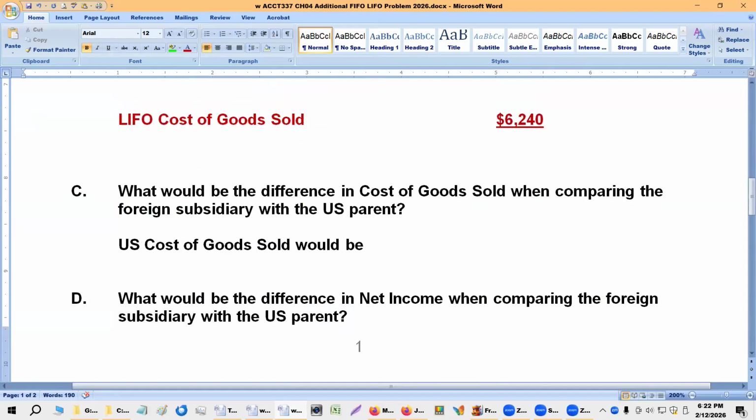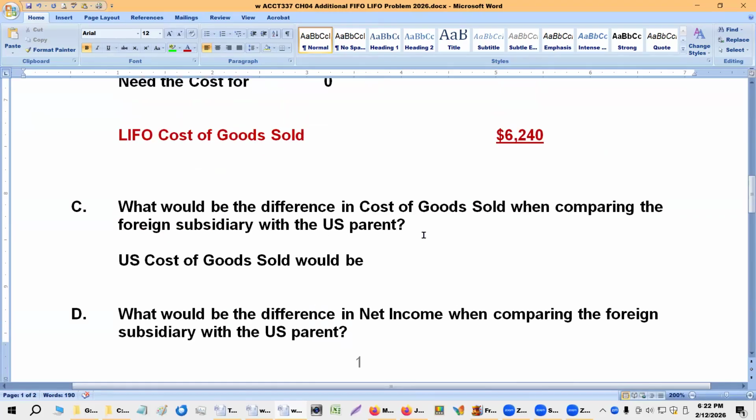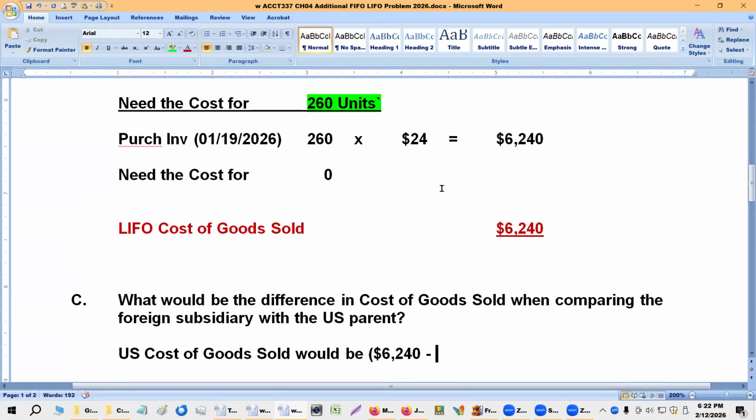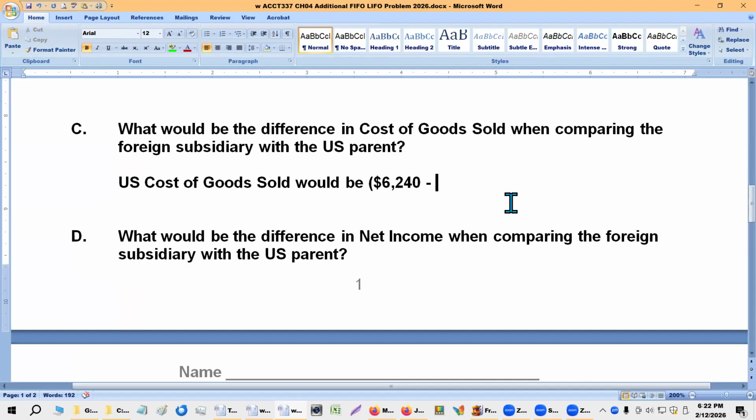I think it's 600. So it'd be $600 higher.